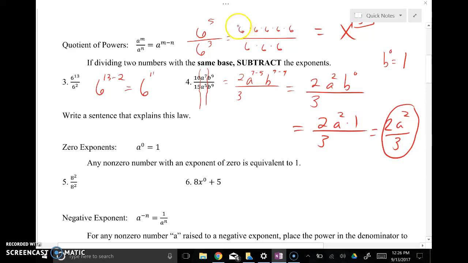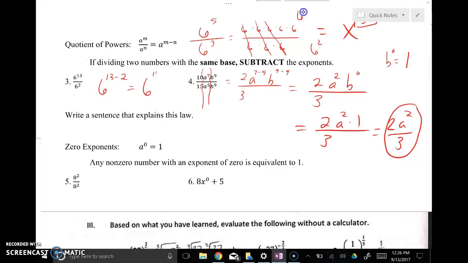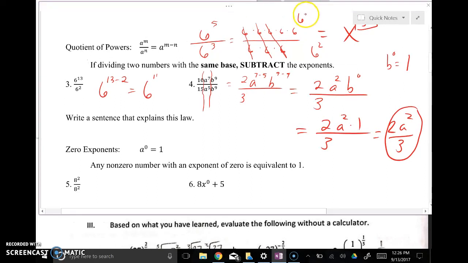Well, I could cancel off these because they're all the exact same, and that leaves me with these two. Well, that's the exact same thing as subtracting off what was on the bottom. So 6 to the 2nd is my answer, and that's the same thing as 6 to the 5 minus 3. And that's why we can have that rule of the quotient of powers.